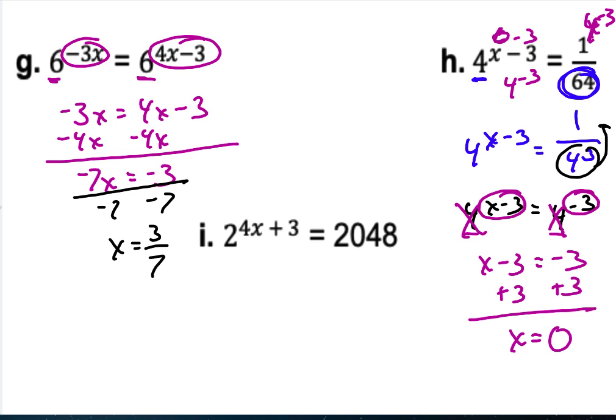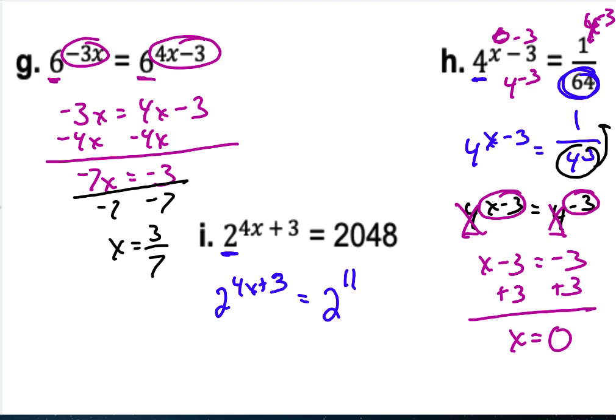All right. Next one, 2 to the 4x plus 3 power is equal to 2048. So we know our base is 2. So let's rewrite 2048 as 2 to some power. So we know 2 to the 9th was 512. So 2 to the 10th is 1024. 2 to the 11th is 2048.